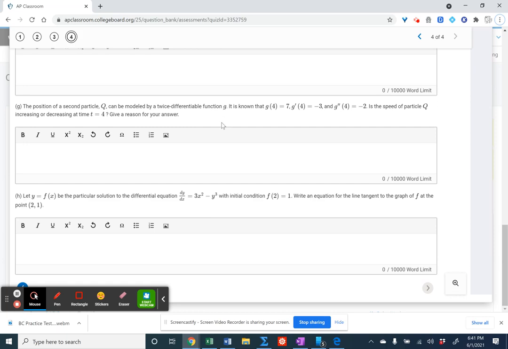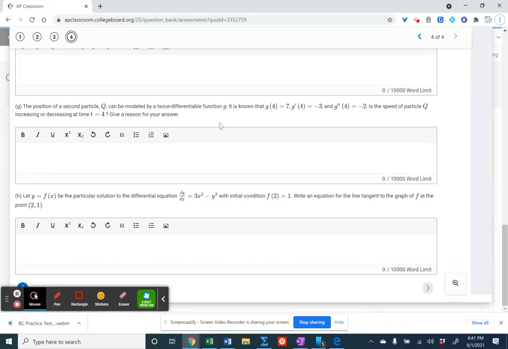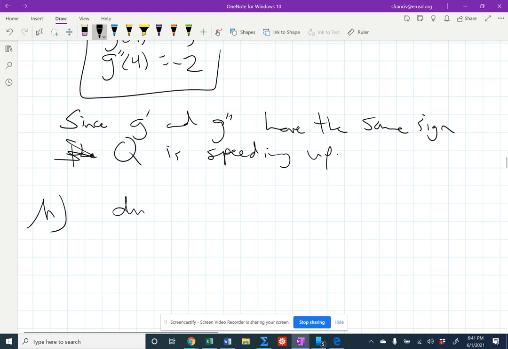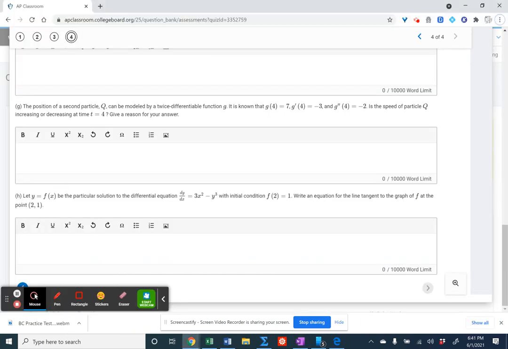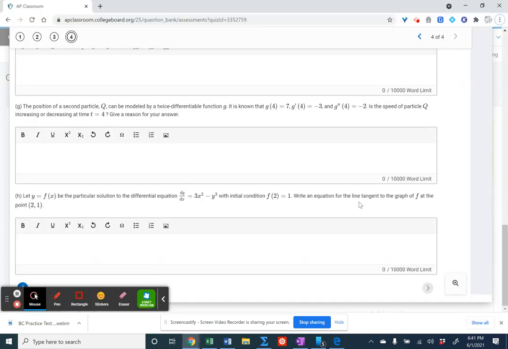Letter H. Let y equal f of x be a particular solution to this differential equation, dy/dx equals 3x squared minus y cubed, with f of 2 equal to 1. Write an equation for the line tangent to the graph of f at (2, 1).